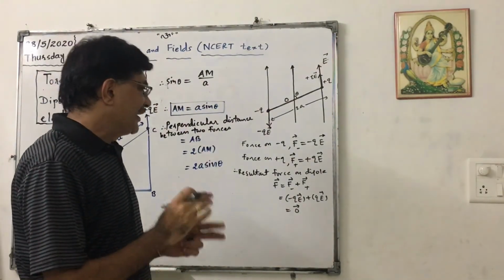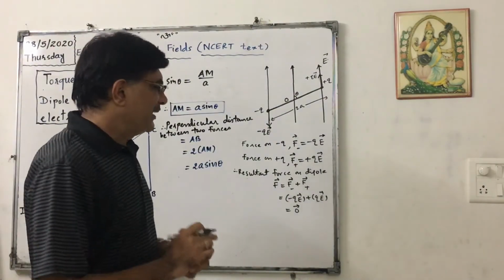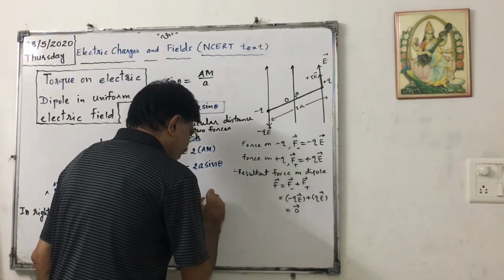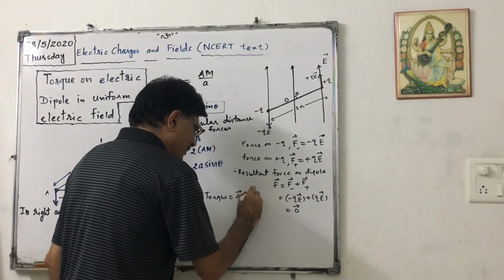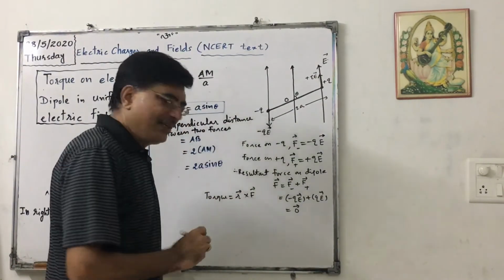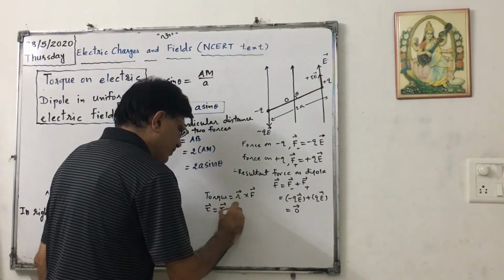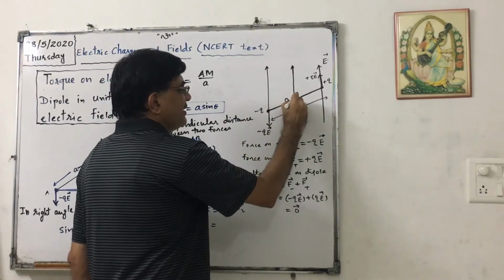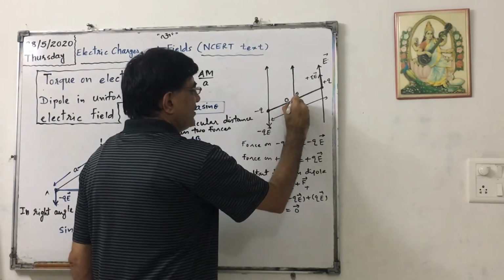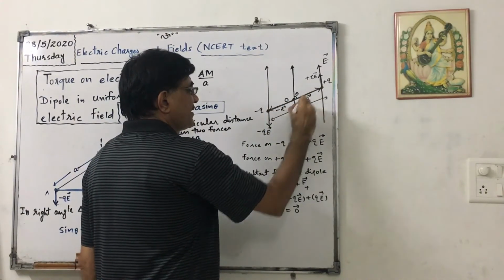That we can obtain by two methods. One method is that we know that torque equals to r cross F. Torque equals to r cross F. So here torque can be written as torque 1 plus torque 2. Torque 1 is here. Now this is our reference point, so this vector can be said as minus a, this vector can be said as plus a.